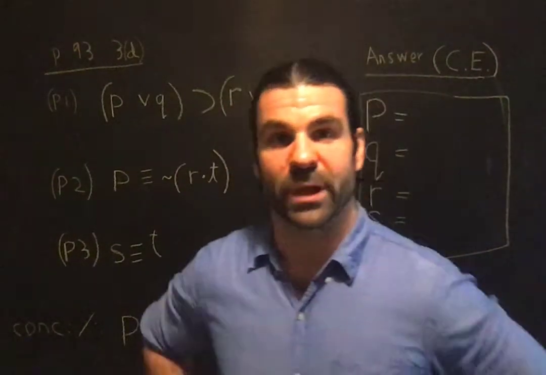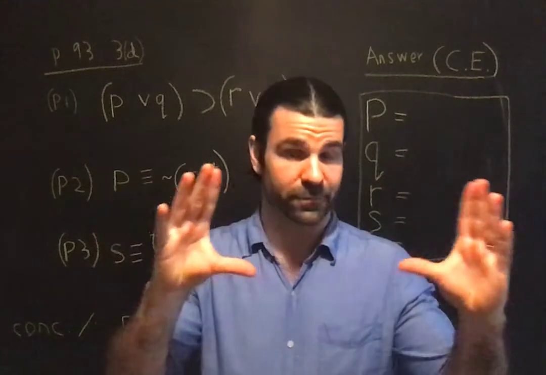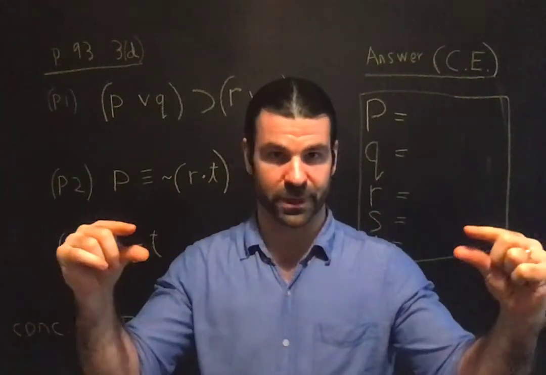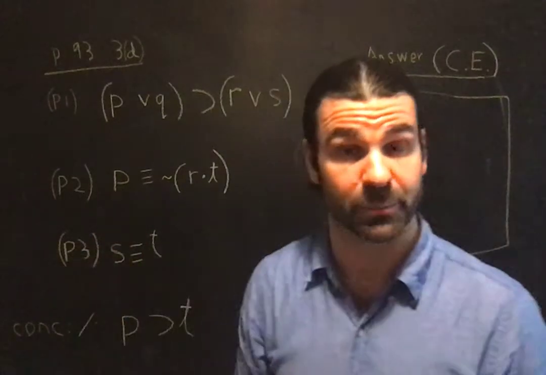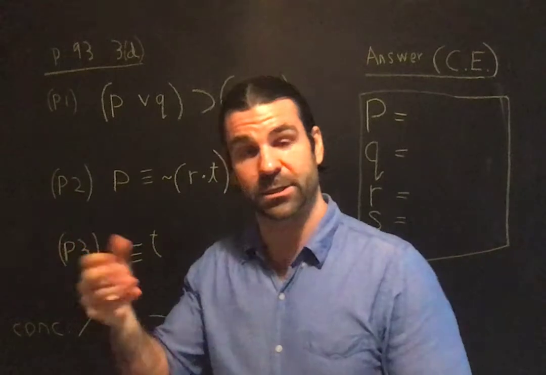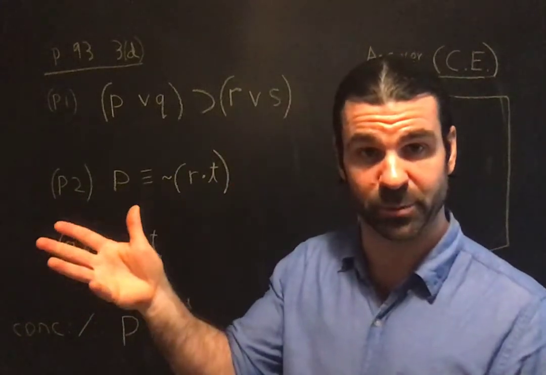So we had the full truth table method in Unit 5, where you construct a whole truth table, you look for that counterexample, you find one that proves the argument is invalid. But then we looked at the short truth table method.